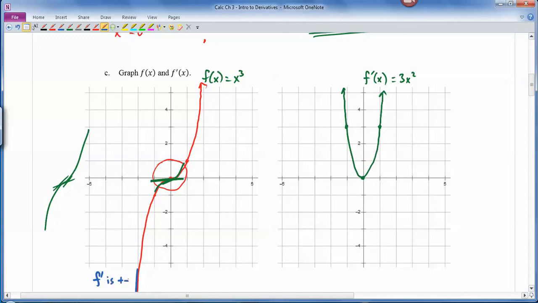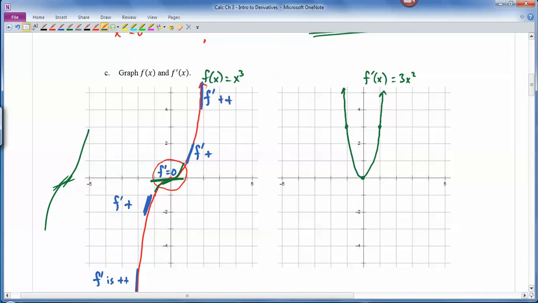This is informal. Really positive, right? And then over here, it's less steep, so it's less positive, but it's still positive. And right here, f prime is 0. And then right here, if you notice, it's pretty much the same slope as this other blue line that I drew there. So here, f prime is positive. And then way up here, it's really positive.